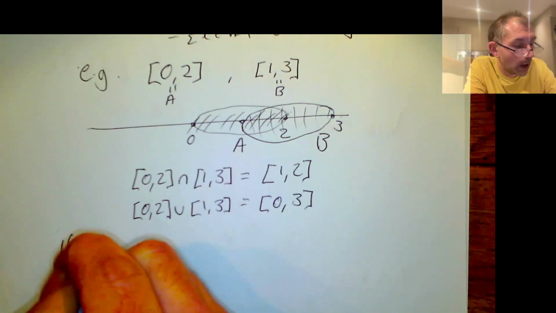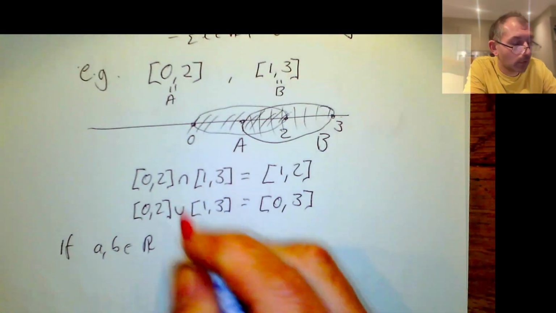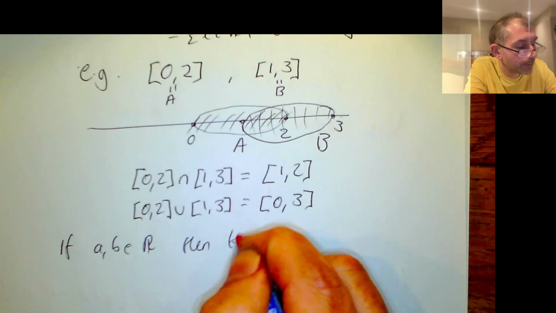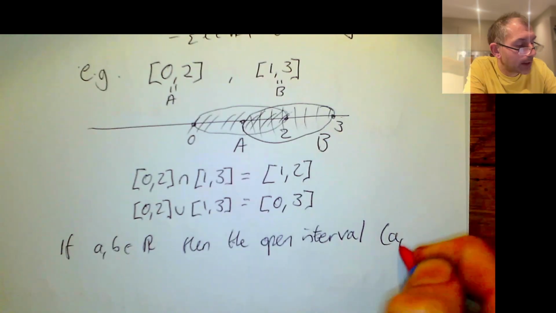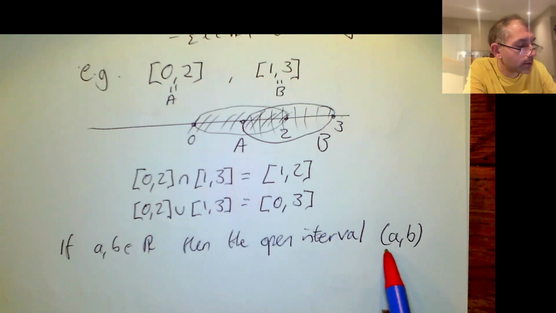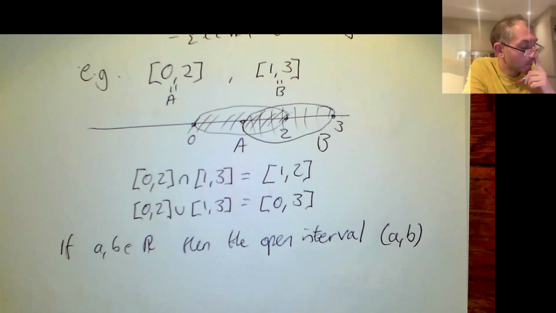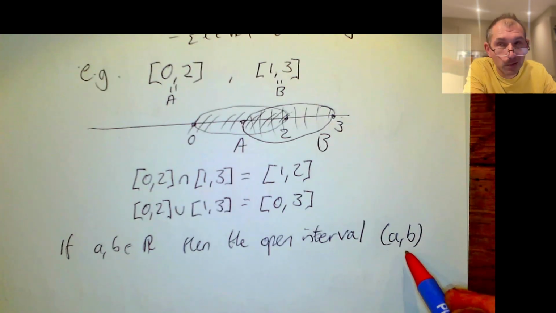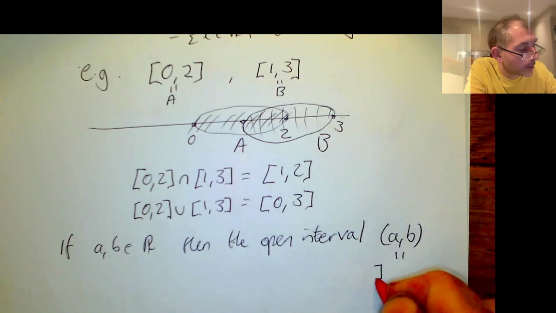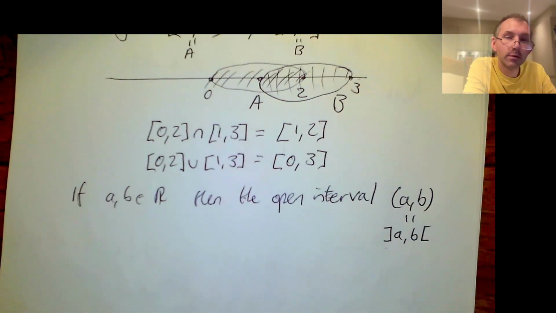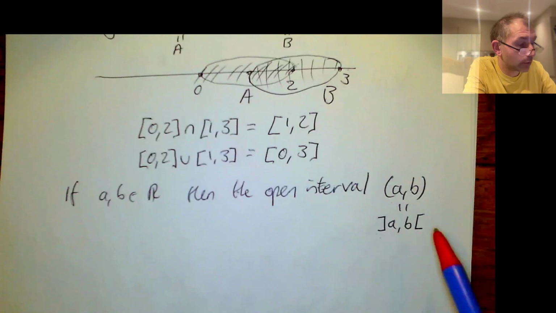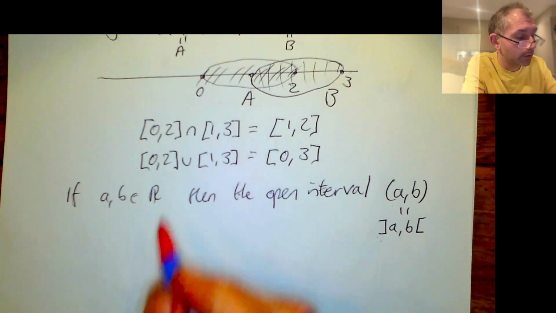So if a, b are in R, then the open interval, I would write it, as I have done in the notes, with a rounded bracket, but you will find it also with this notation, where you reverse the square brackets, and I think maybe on the courseworks it's described like that, but I like this notation.